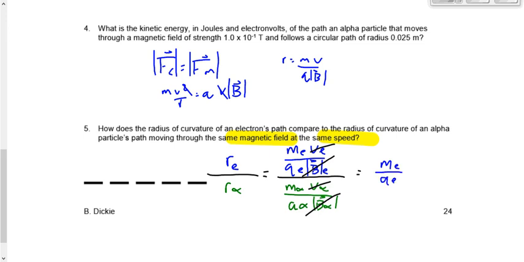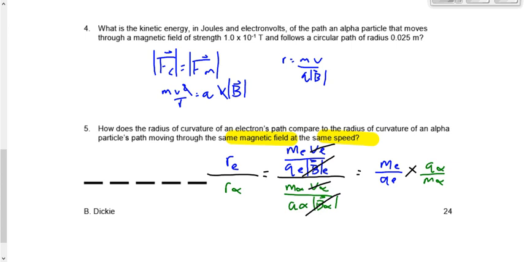Well, I can divide by M alpha over Q alpha, or I can times it by Q alpha over M alpha. Does that make sense what I just did? Divide by a fraction there, I multiply by the reciprocal. I didn't even need to do that, but just did it to simplify it a little bit.